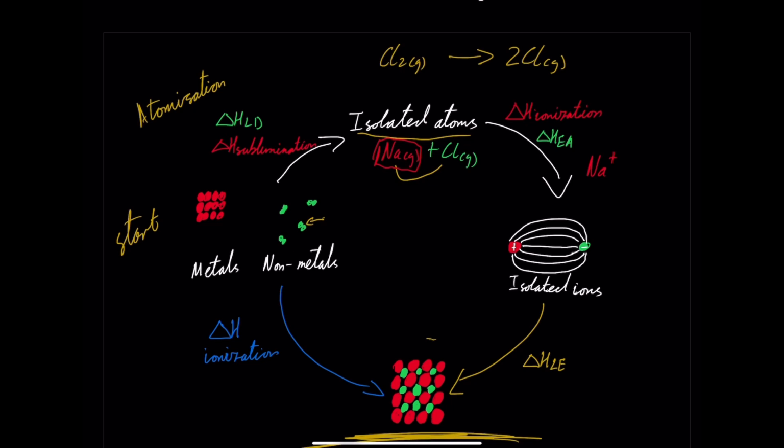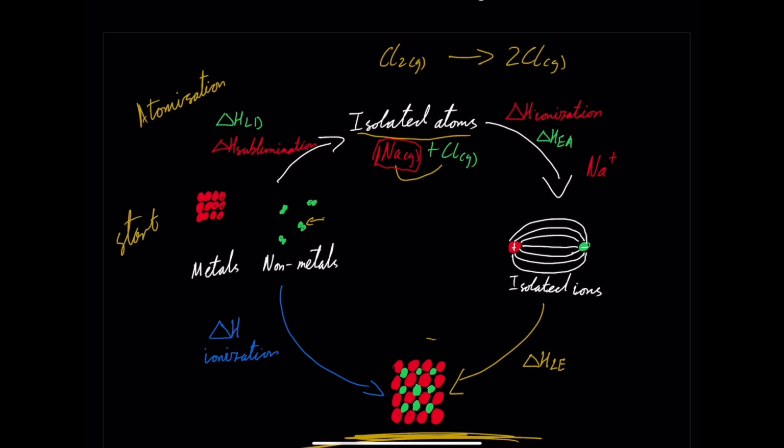Now with chlorine, you are gaining, or adding, 1 mole of electrons to 1 mole of gaseous atoms to form 1 mole of chlorine ions. But these are anions, not cations. So again, we're giving the chlorine atoms, the atomized gas, 1 mole of electrons.